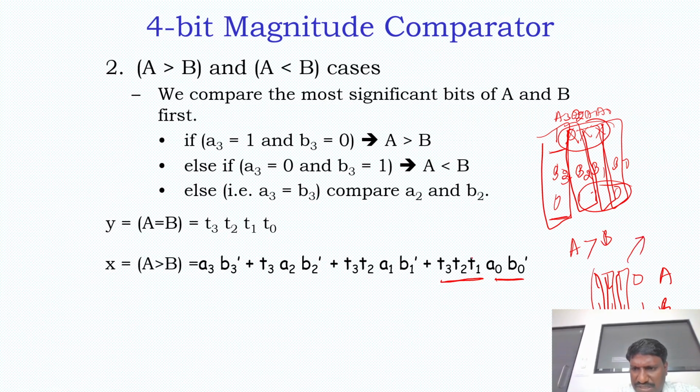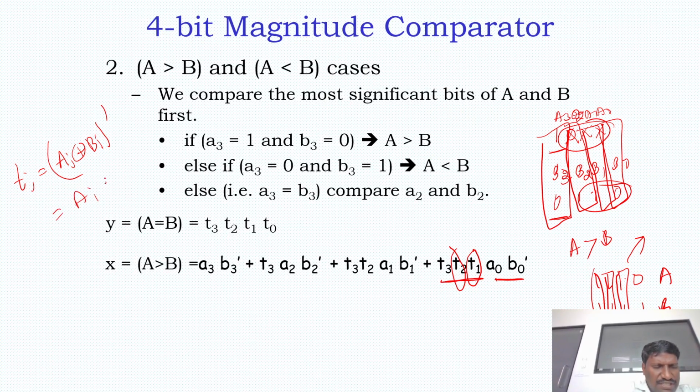So T1 means A1 and B1 are equal. T of i we represent as A of i exclusive OR with B of i whole complement, or A of i XNOR B of i.